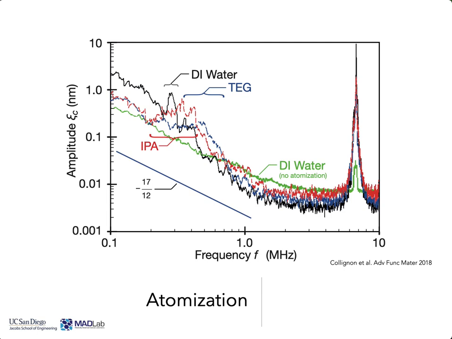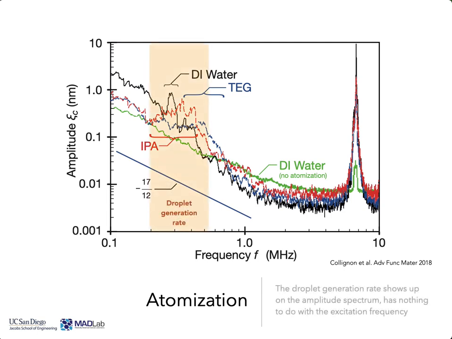What we see are these humps or discrepancies that appear as a consequence of atomization. For example, we go from DI water that's green, and we see no such discrepancy. And then when we turn up the amplitude and start atomization, we see it. The reason for this appearing is that it corresponds to the droplet generation rate, which is the first time this sort of thing has been seen.